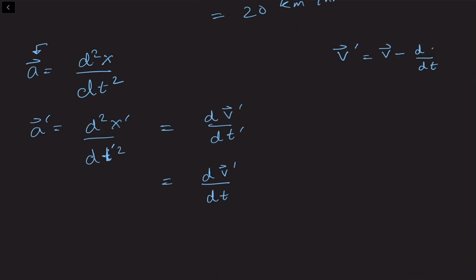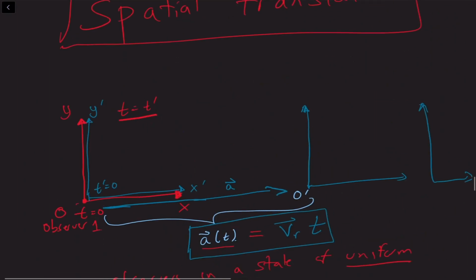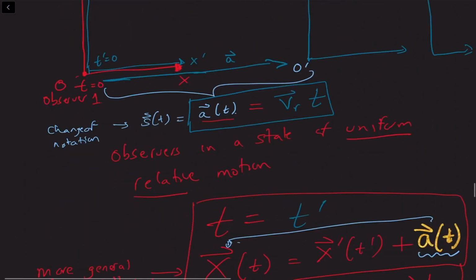So I will use dS by dt. That original displacement between these two observers, which I had written as A of t, I'm now going to rewrite as S of t. This is a change of notation.